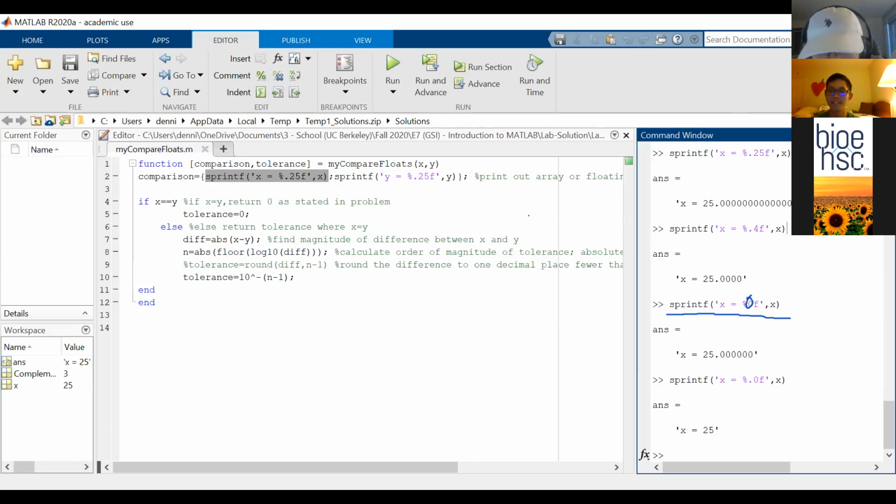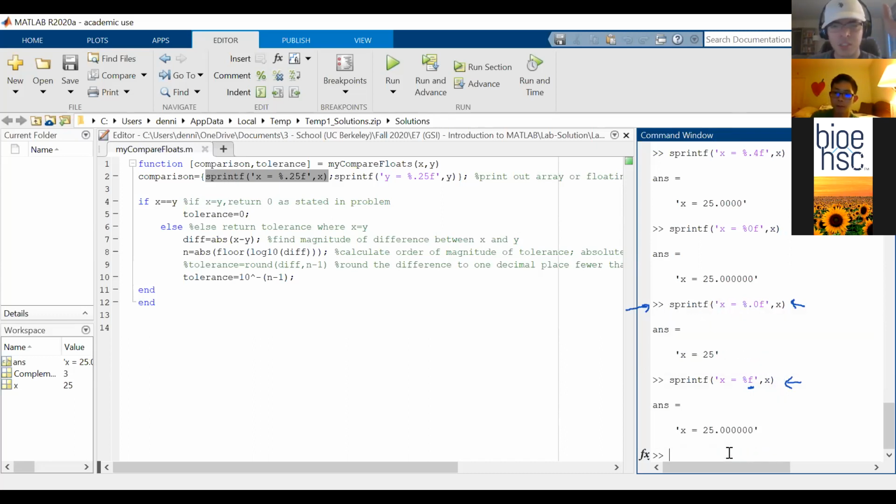Oh yeah, you're missing the point. Okay, let me clear that. So what's different between this one and this one is the decimal point. So this will display 25 as an integer. This one, I'm also not sure what it's doing. I think that one's showing trailing zeros, something like that.